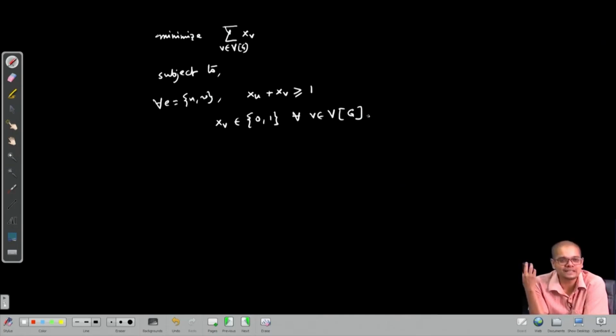It turns out that many optimization problems can be written as an integer linear program. Now, solving an integer linear program is NP-hard. Finding an optimal value is NP-hard.